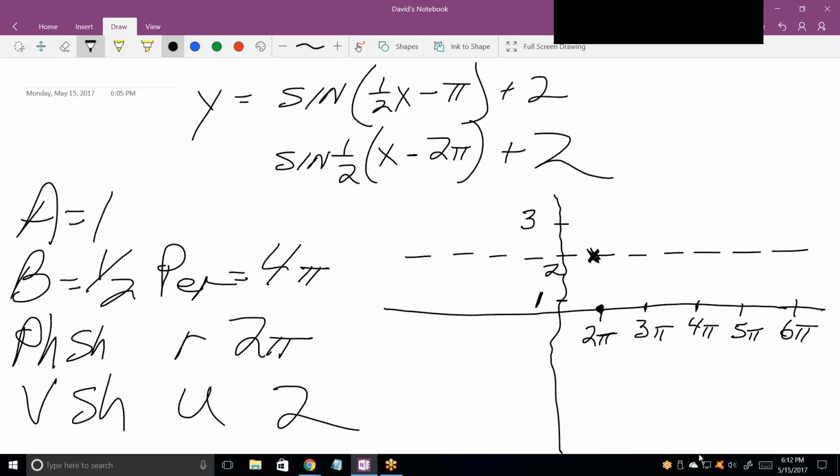So the next quarter point is where it hits its maximum, comes back down through the next quarter point, goes through the line of symmetry again. At the next quarter point, goes down and hits its minimum. And finally, at the last quarter point, comes back up to the horizontal line of symmetry. Now I just connect that with a nice sine-looking curve, and there you have it.